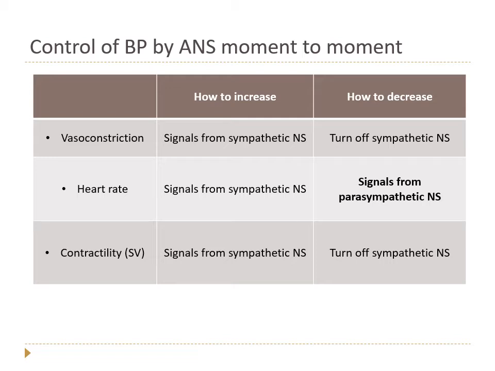So this one kind of makes more sense. So the sympathetic nervous system will increase heart rate, and the parasympathetic nervous system will actively decrease heart rate. And for contractility, it's more like vasoconstriction. The sympathetic nervous system will increase contractility, and the parasympathetic nervous system doesn't really do anything. So if you want to decrease contractility, you just turn off the sympathetic nervous system.